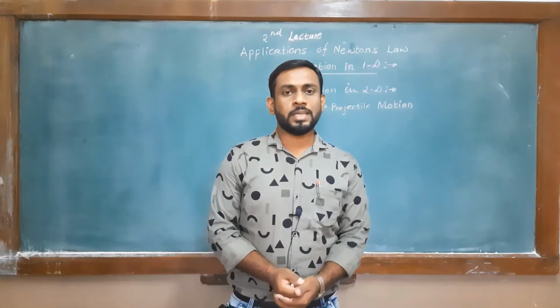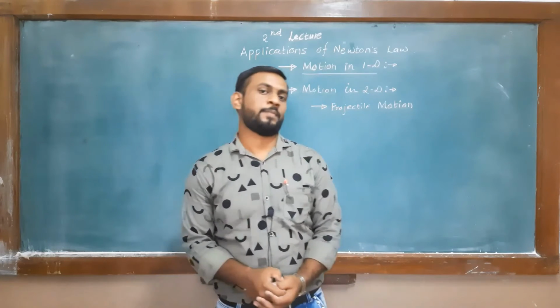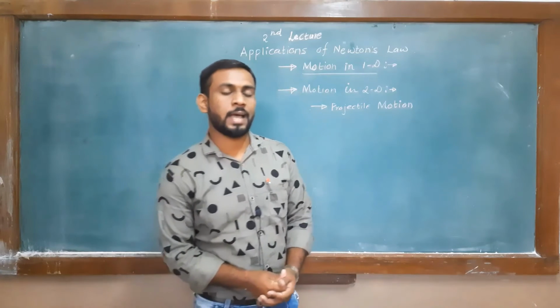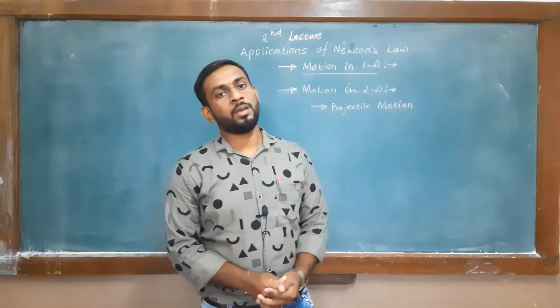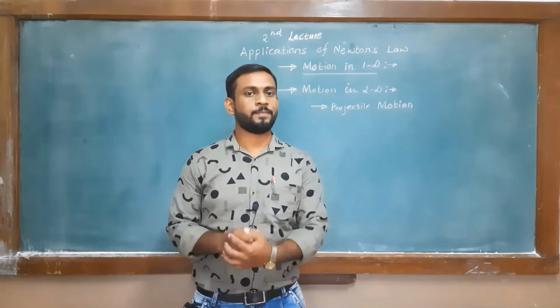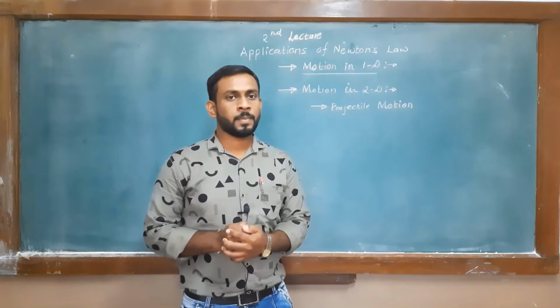Suppose we consider the motion of a car traveling in 1D along the x-axis. If you consider a frictionless surface, with no friction between the road and the tire of the car, then the car is supposed to move for a long time with uniform velocity. So this is Newton's first law of motion.